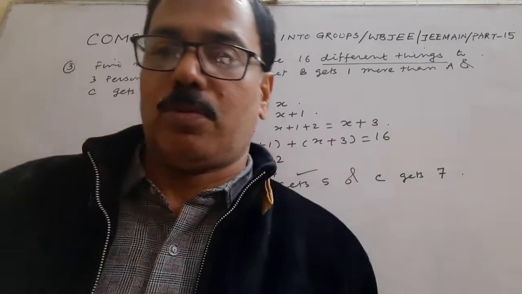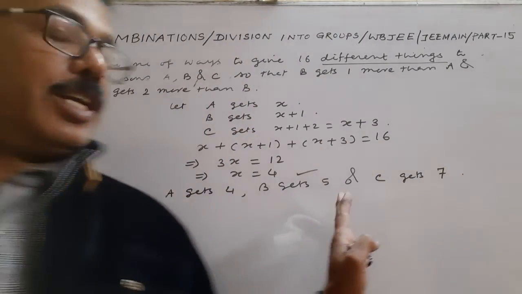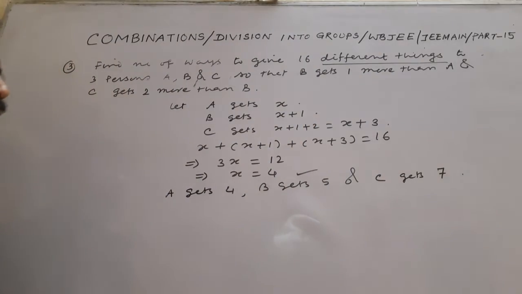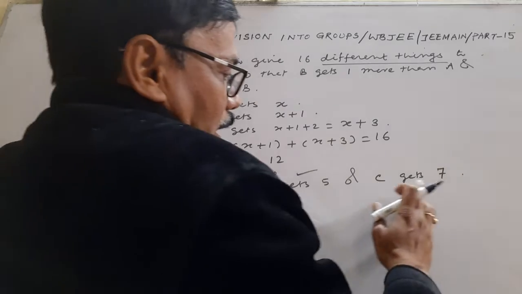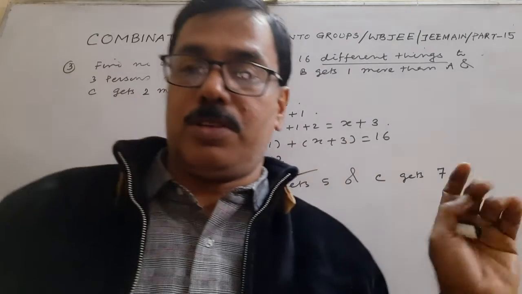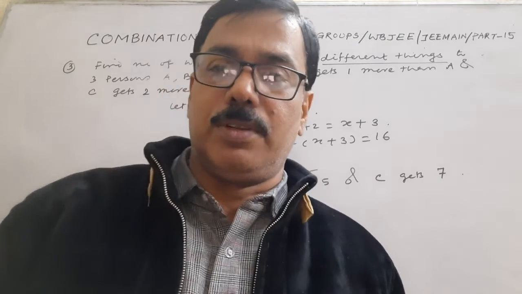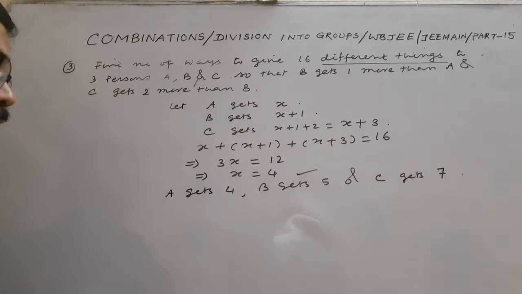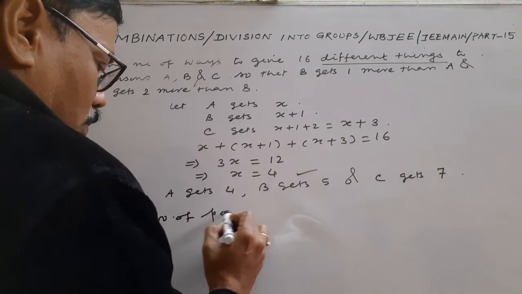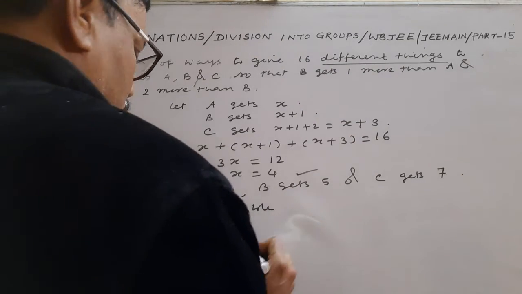So this is the division of 16 things into 3 groups having an unequal number of things. So this is very simple. So the number of possible ways.